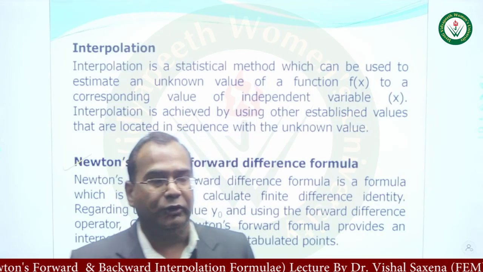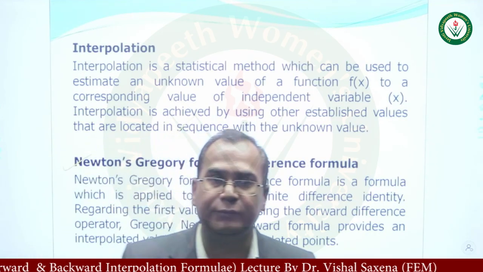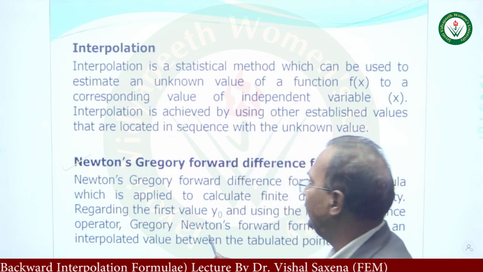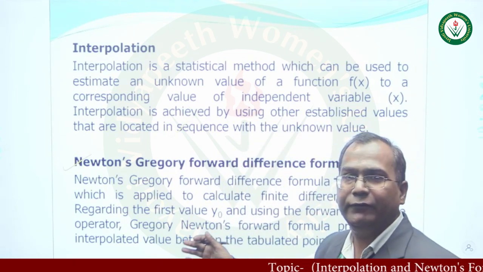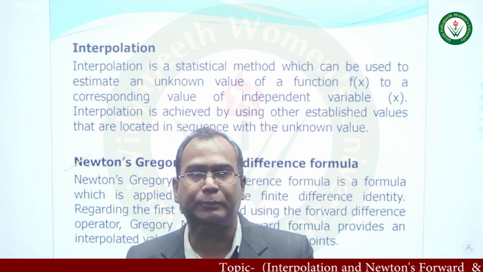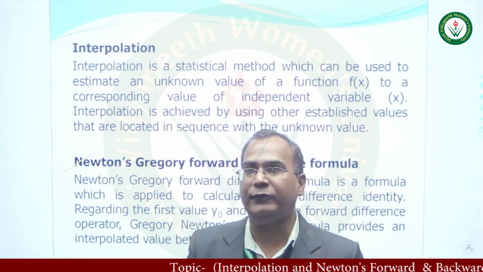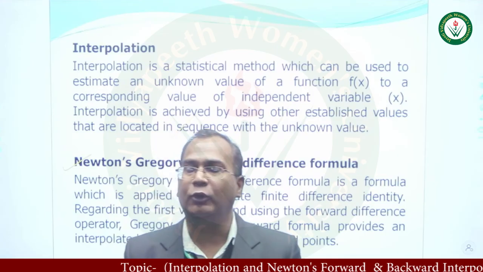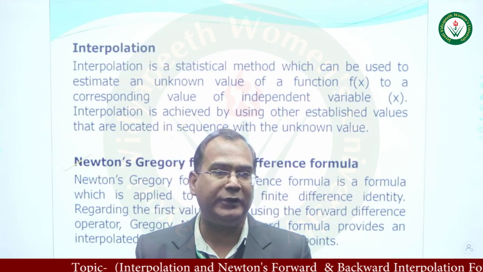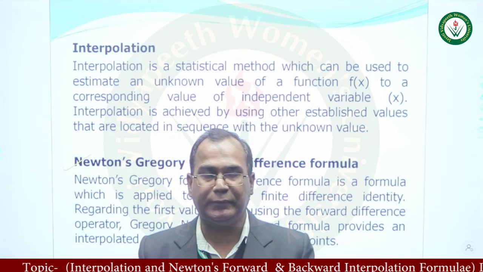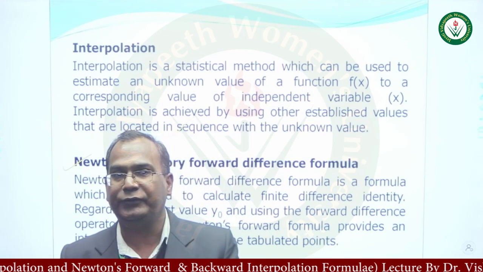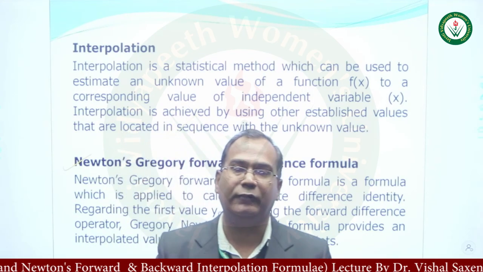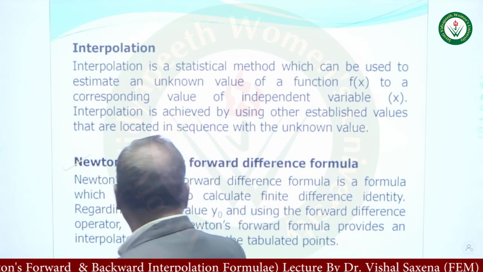I am describing all the things here. This formula gives us the unknown value of the function y, that is f(x), for a particular value of x which comes at the beginning of the table of values of x and y. Now we come to the next slide.